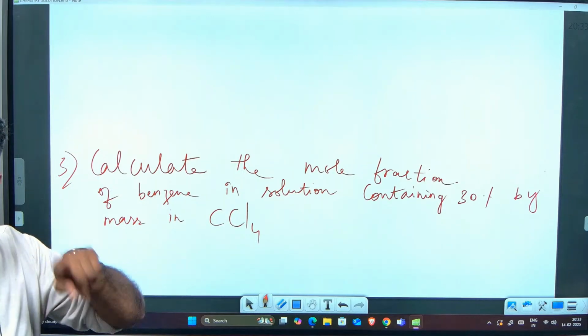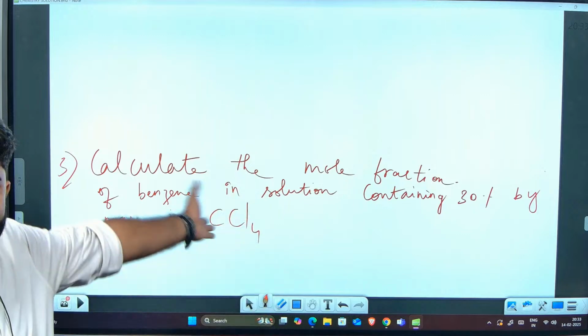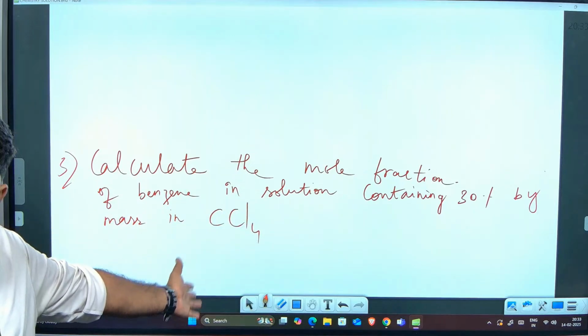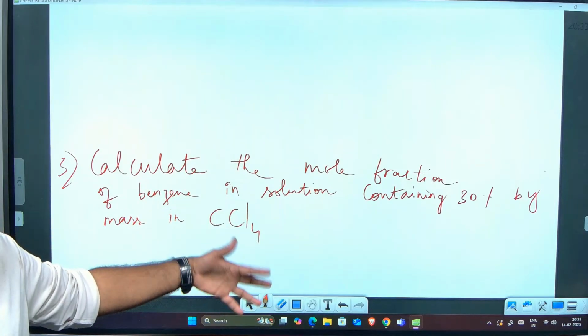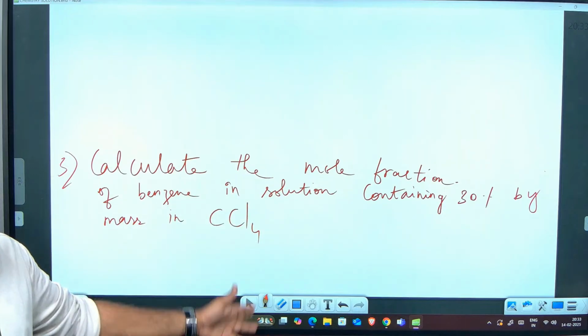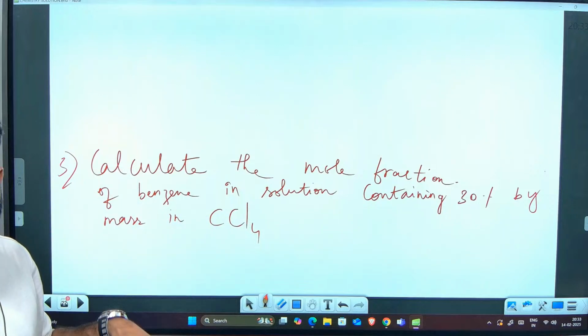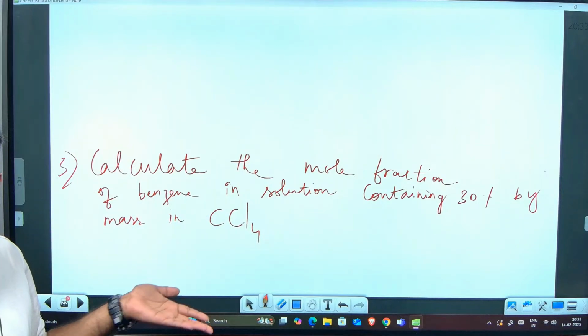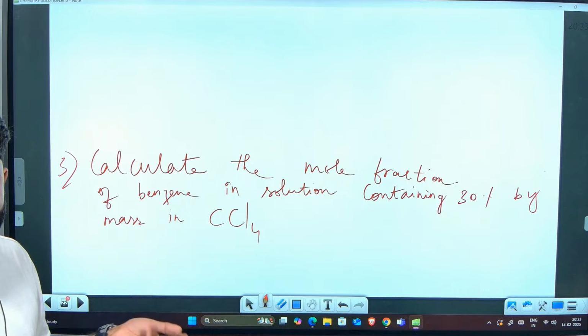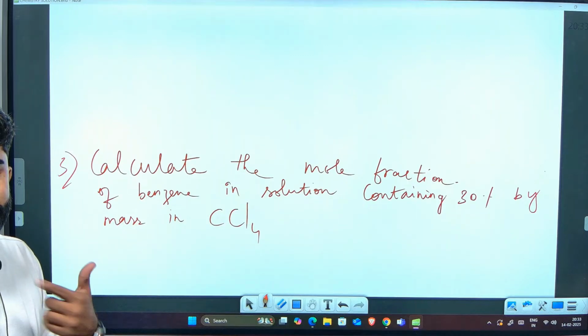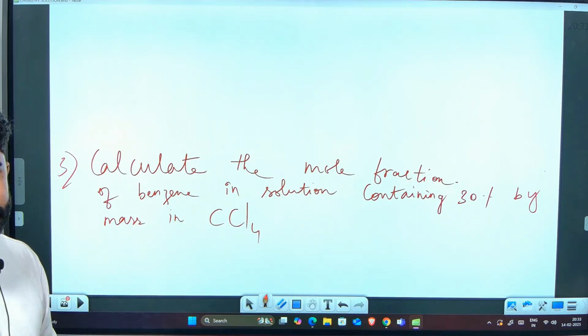For the number of moles of benzene, they have given 30%, which is nothing but 30 grams. So given mass of benzene is 30 grams, 30 divided by molecular mass of benzene, which is 12 into 6 plus 6. Do it. Understood, all of you?